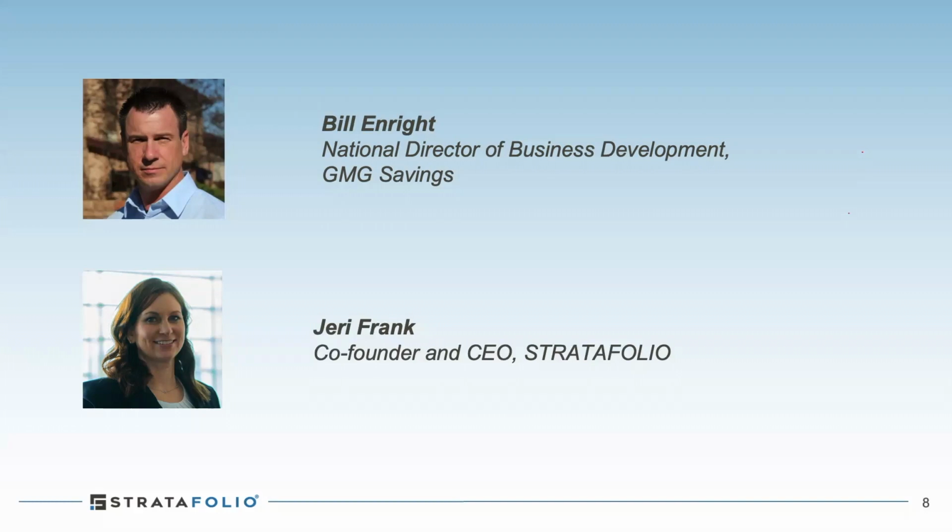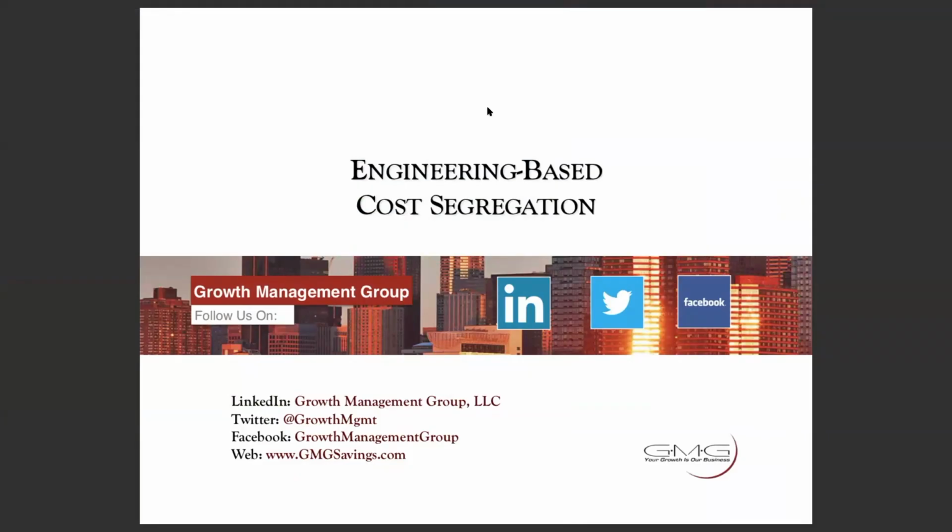And today, like Jerry said, we're going to talk about cost segregation. So today we're going to talk about engineering-based cost segregation. There's a few ways that you can do cost segregation. The number one way that the IRS prefers that it is done is an engineering-based, and that's what we do here. We've been doing cost segregation for probably 15 years now, going on 16 years.